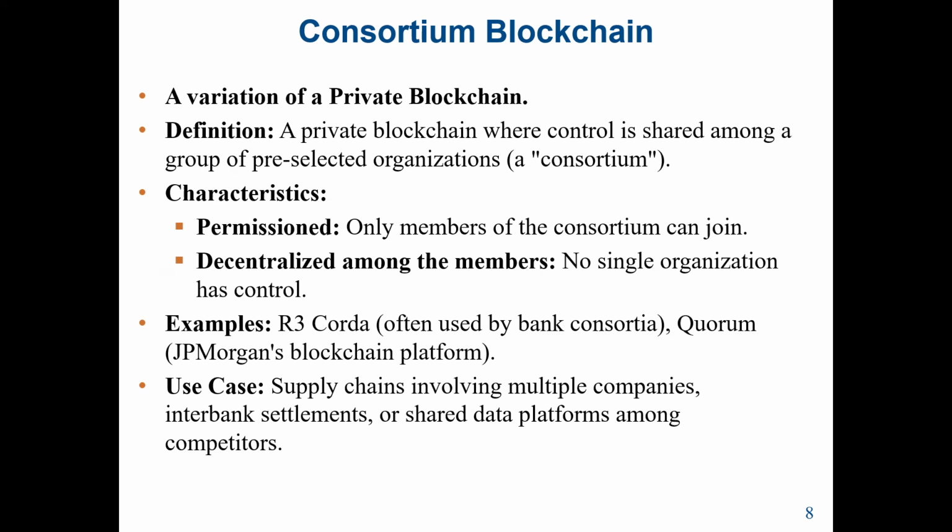Also, we have shared governance. Decisions are made collectively by the consortium members. Confidentiality is also very important here. Data can be private among the consortium members, but not fully public.